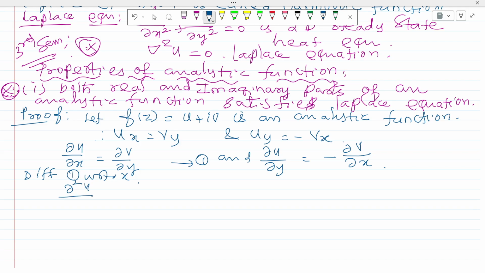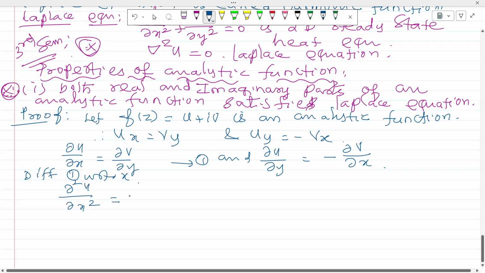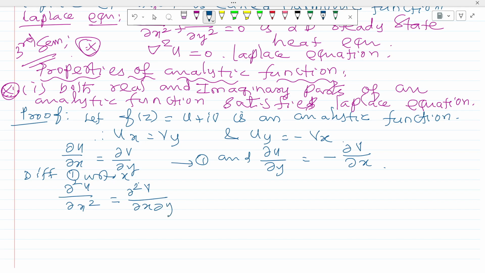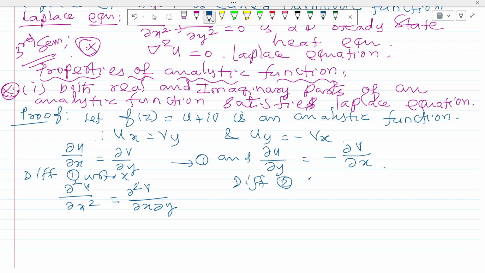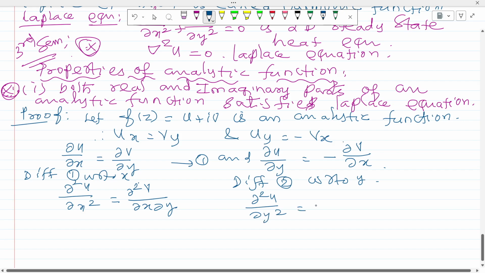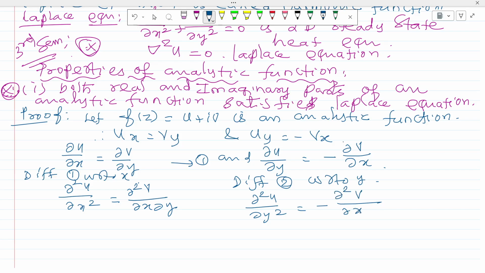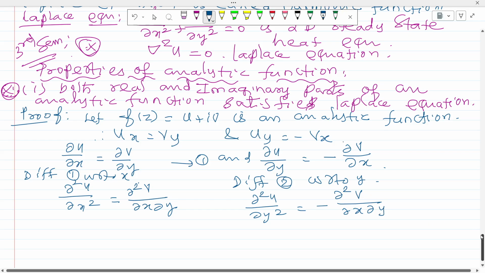Dou square u by dou x square, which is equal to dou square v by dou x dou y. Is it not? Similarly, differentiate 2 with respect to y. What you get? Dou square u by dou y square, which is equal to minus dou square v by dou x dou y.